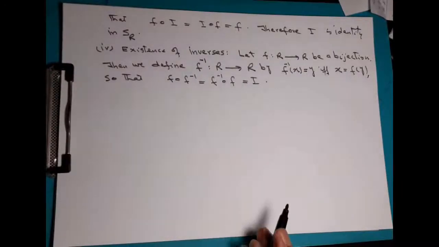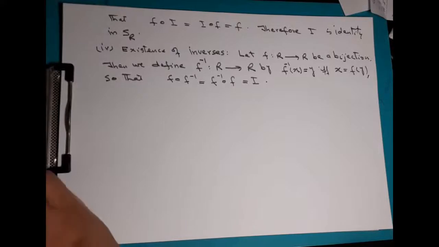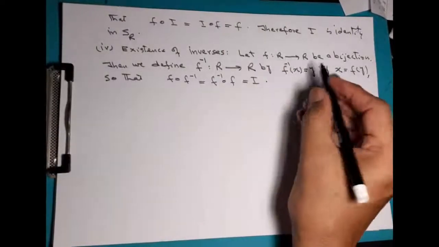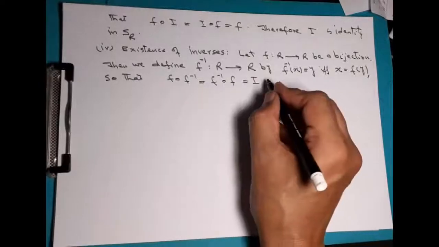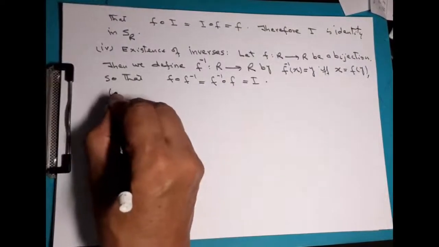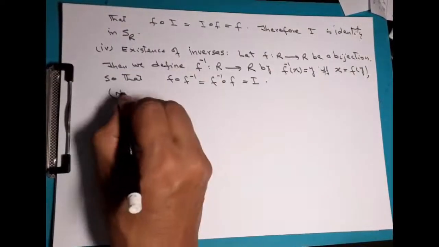So therefore SR is a group, because we have defined a binary operation, we have seen that it is associative, we have seen that the identity element exists, and we have seen that the inverse of each element of SR exists in SR. Let me put a note, as I forgot to write it before.